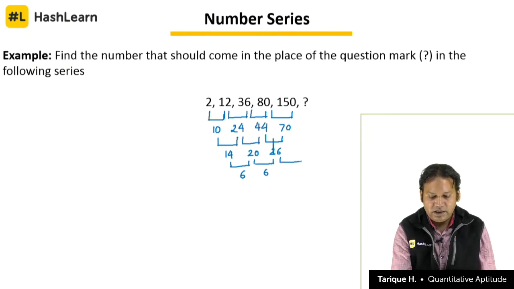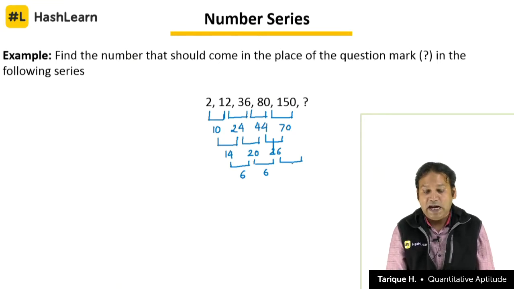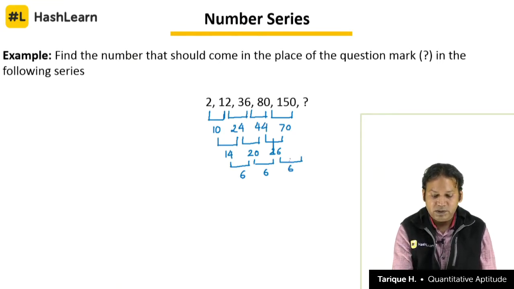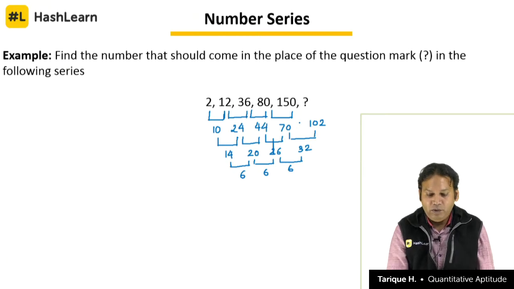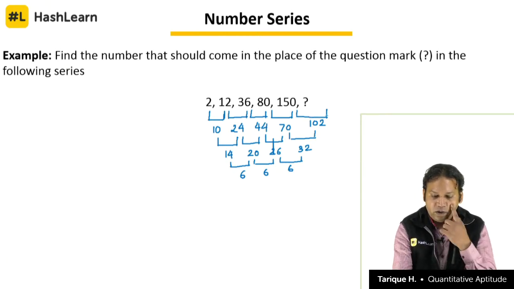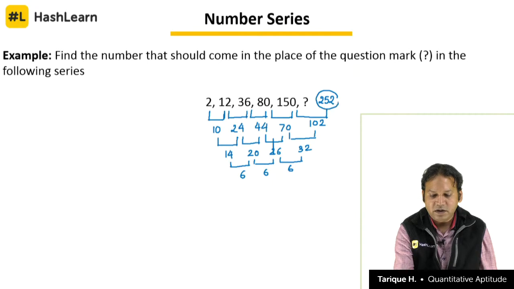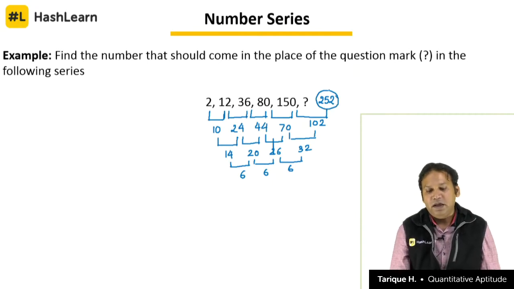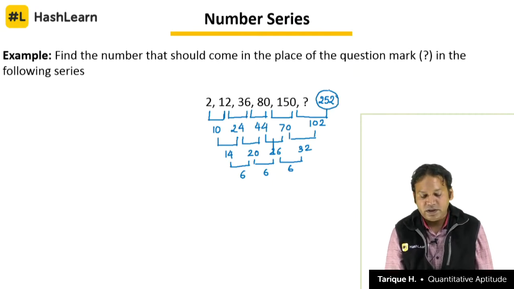So for the next number in the second level, we should add 6 to 26. 26 plus 6 कितना हुआ? 32. और 32 और 70 ऐड करने पे कितना मिलेगा हमें? 102. Now to get the answer 150 and 102, what are we getting here? 252. So what number should come in the place of the question mark? 252. Clear? So this is the answer for this question, 252.